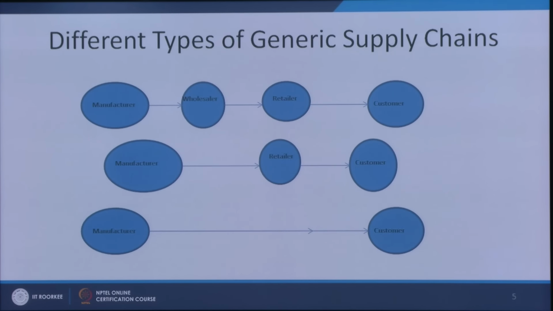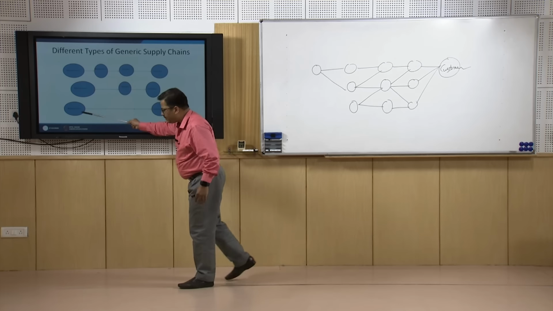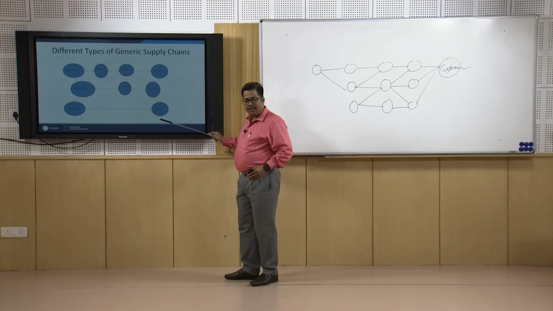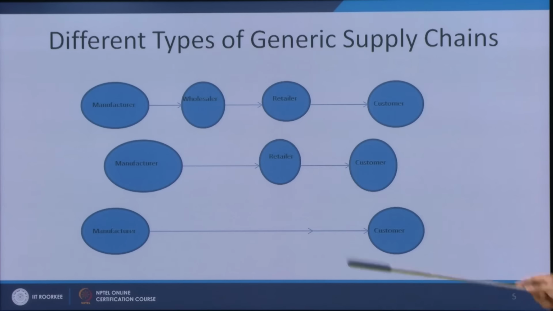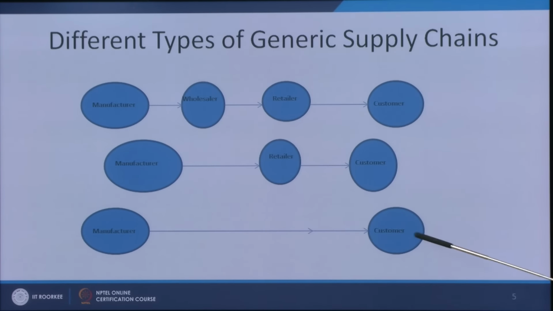For example, take the example of BHEL. So BHEL is the manufacturer and the customers are State Electricity Boards. So if BHEL is making a turbine, there is no wholesaler, no retailer in between, and in that supply chain BHEL is directly distributing those products to the end customers.